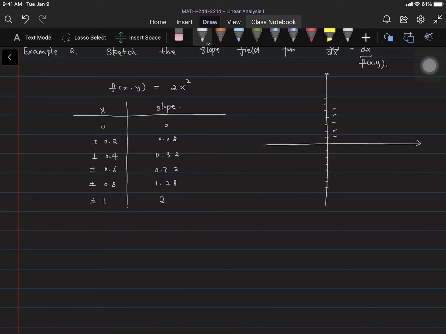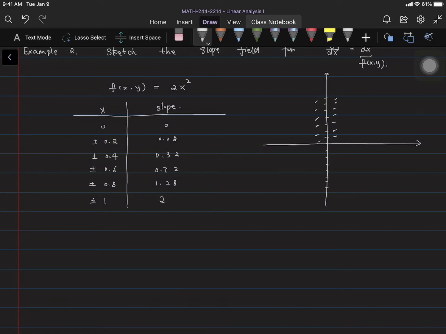And for negative 0.2, same thing, because it's x squared, so they have the same slope. I should draw them at the same position, negative 0.2 and 0.2, in the same vertical line, okay?